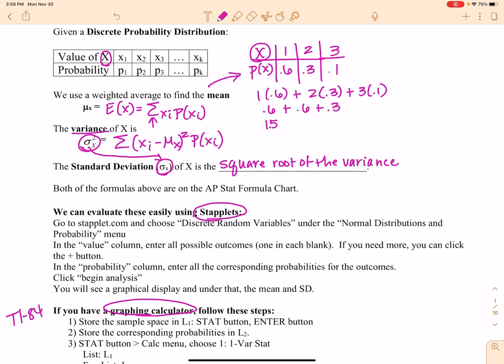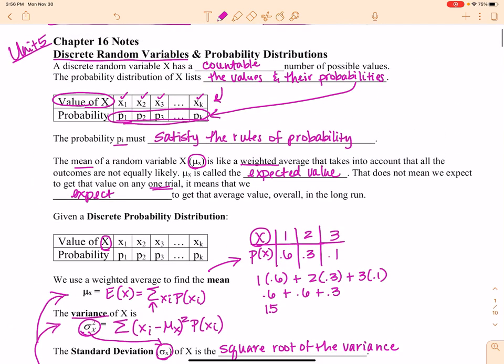Both of these formulas are on your formula chart, and as we work through examples, all of this will make more sense. Please keep a couple of things in mind as I end this video. Your expected value means that if I were to take many more samples, I would expect the average of whatever I'm measuring to be the expected value, or the weighted mean.